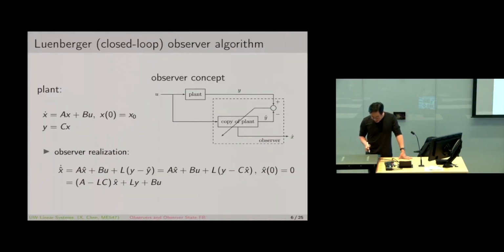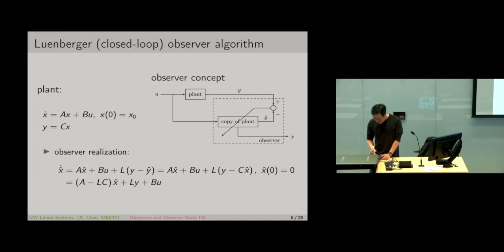That's the basic concept, but let us put these concepts into actual practice. Let us see how we can mathematically realize this closed-loop observer concept. We have the same thing. We have a copy of the system dynamics, A x hat plus Bu, same thing here. We copy the A, B dynamics into here.